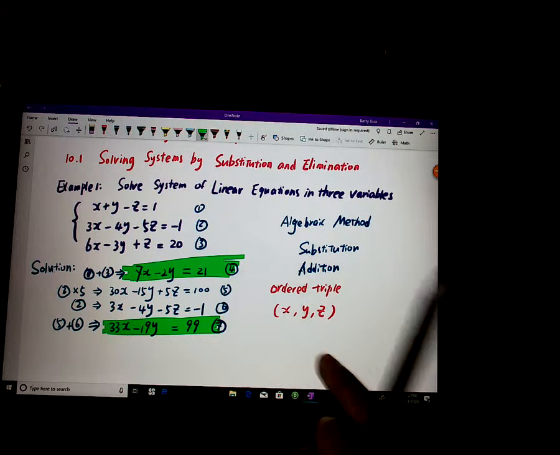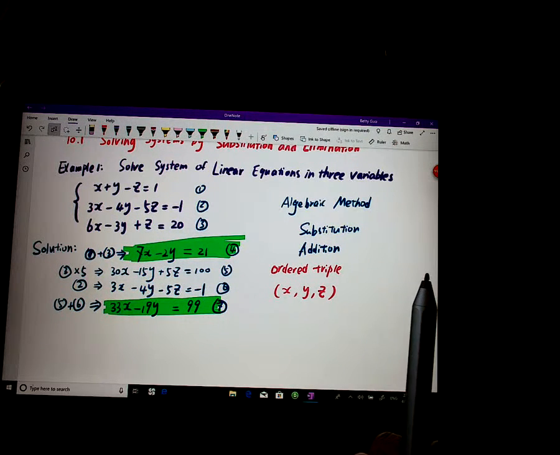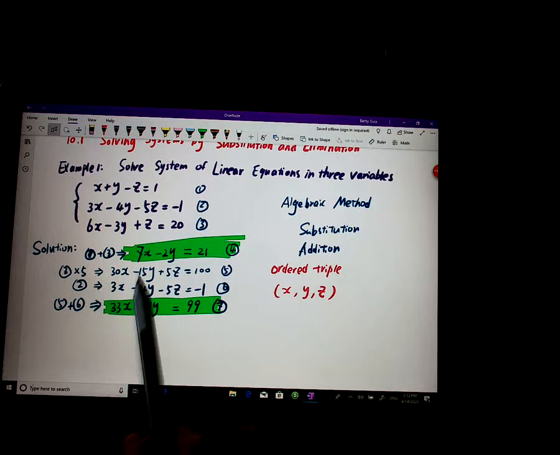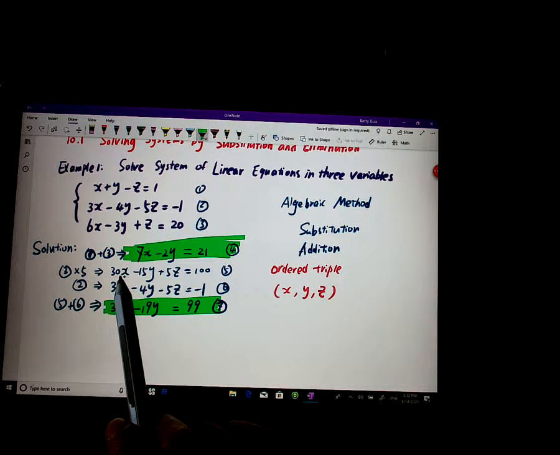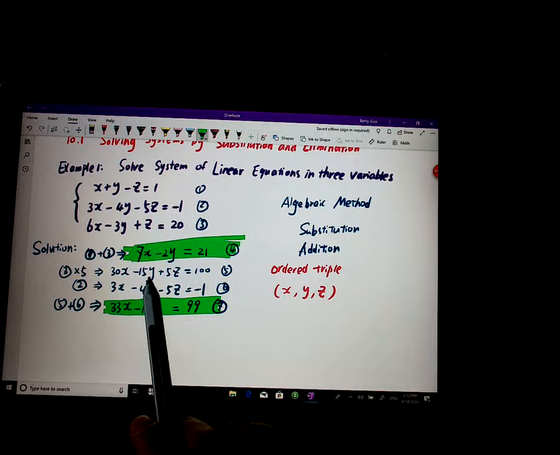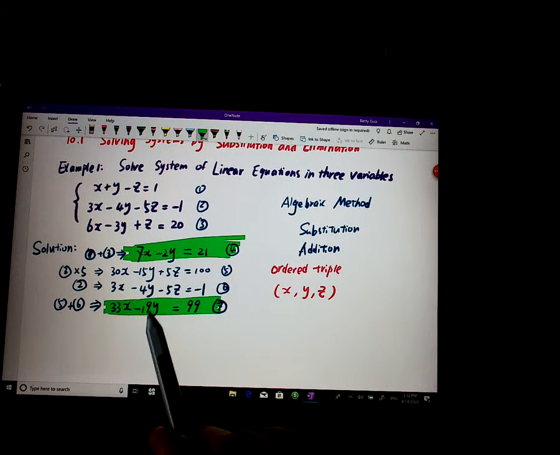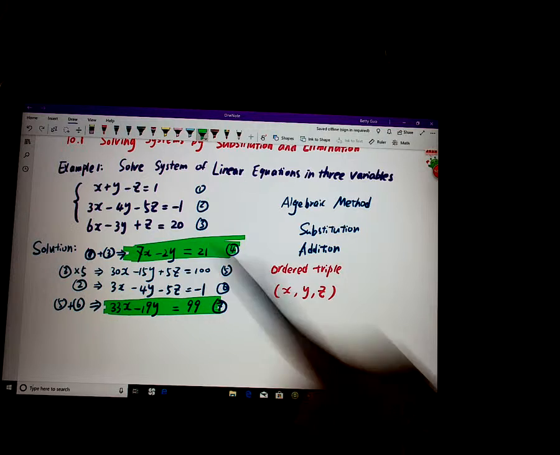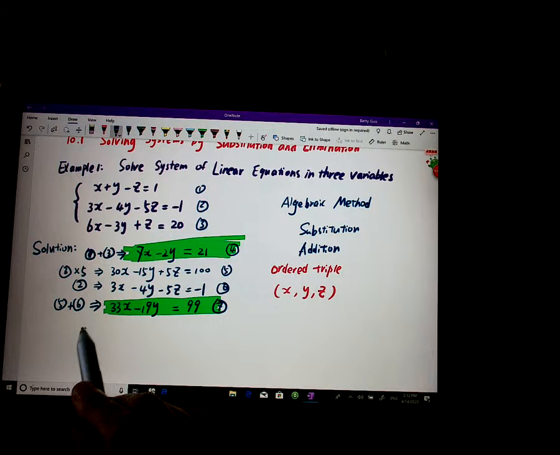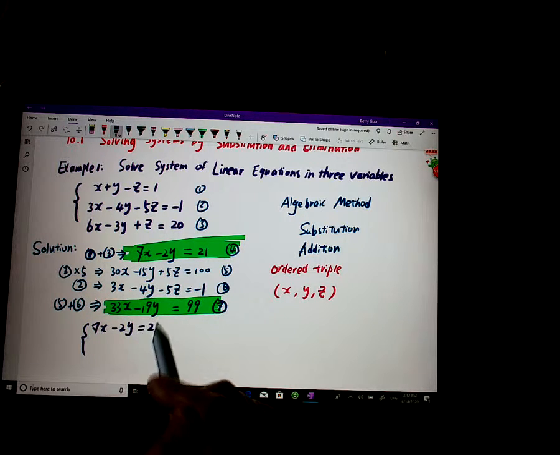And we are going to put those two equations together. Let me double check. 3x minus 4y minus 5z equals 91. This one is multiplied by 5, 30, 15, 100, 99. Okay, so we're going to put those equations together. 4 and 7. 7x minus 2y equals 21.